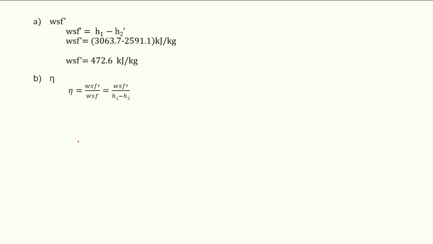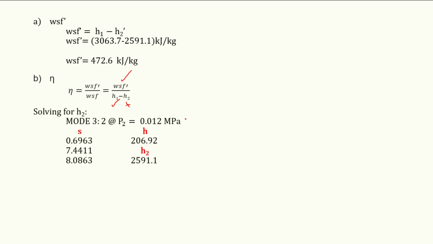Now, solving for efficiency. Efficiency is work steady flow prime divided by work steady flow. So, meron na tayong work steady flow prime. Kulang na lang natin si H2, kasi meron na rin naman tayong H1. So, para makuha natin sa H2, so mode 32 at 0.012 MPa. So, gagamitin natin si S1 is equals to S2.